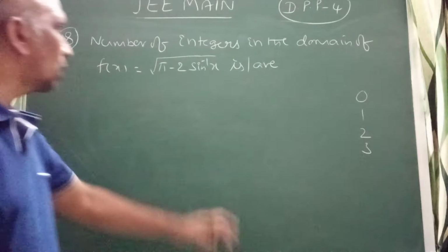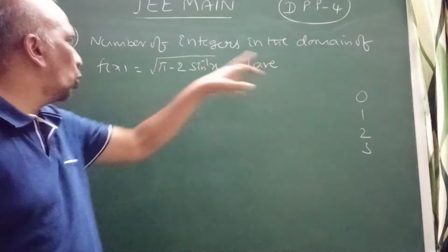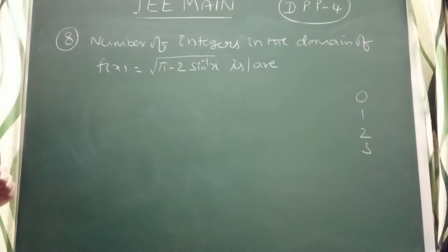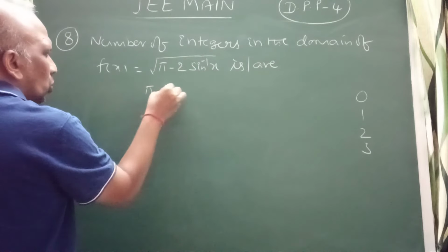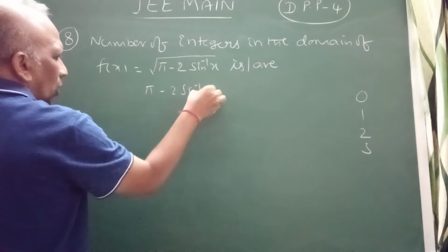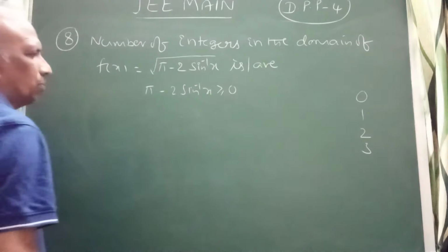Now they are asking for the number of integers in the domain of this. That means we know here pi minus 2 sine inverse x should be greater than or equal to 0.